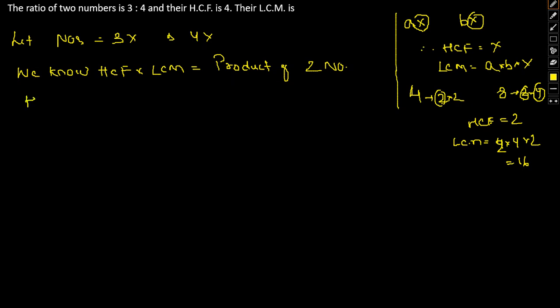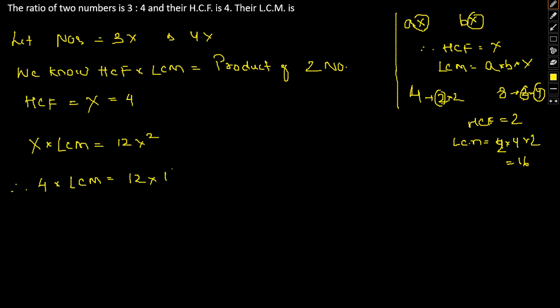So here HCF will be the common part, that is x. Now we can further write using this equation, HCF x into LCM will be 12x square. I hope this is clear. And HCF here is given as 4, so therefore 4 into LCM equals 12 into 16.